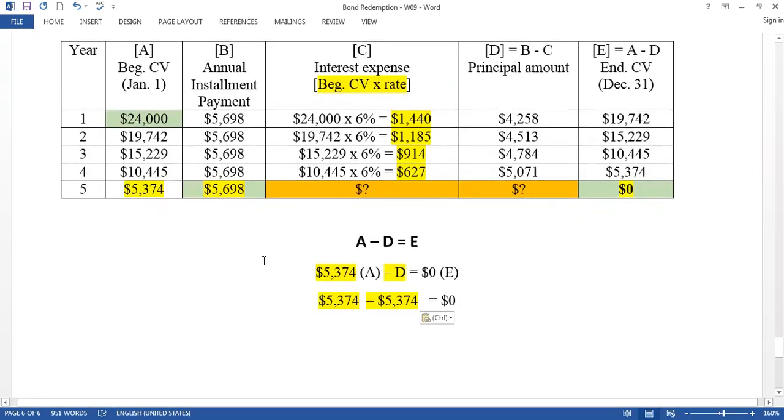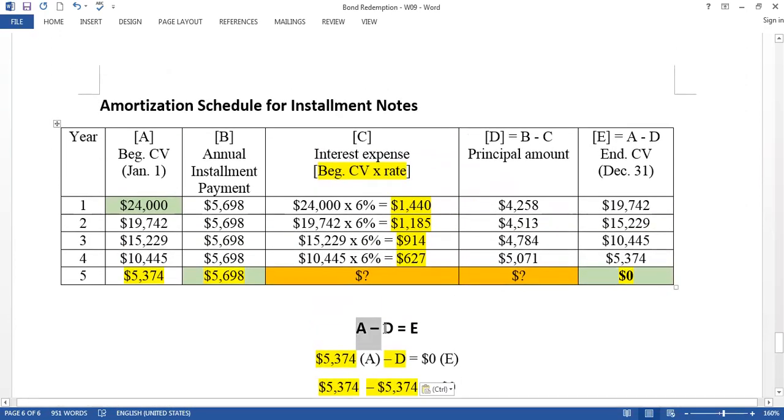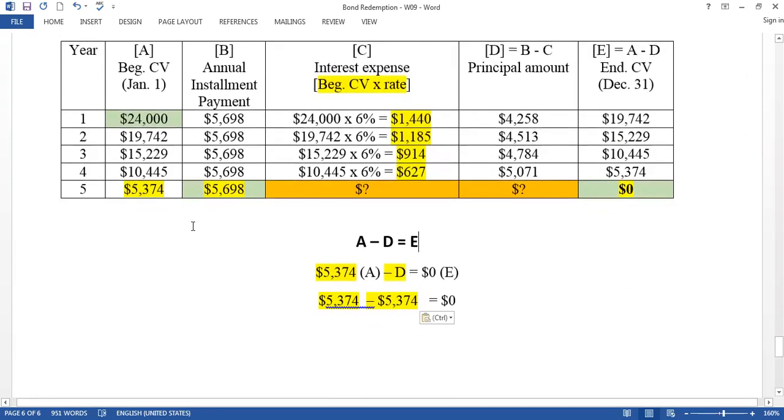That means A and D should be a similar amount. If A and D are not a similar amount, it should not be 0, right? Otherwise it is not 0. Do you understand?